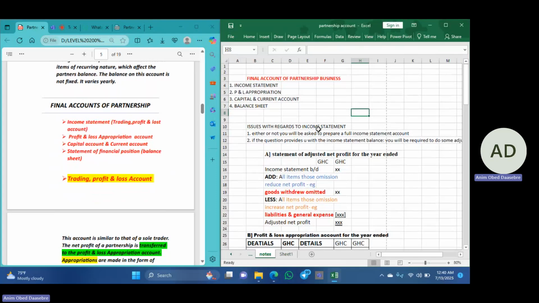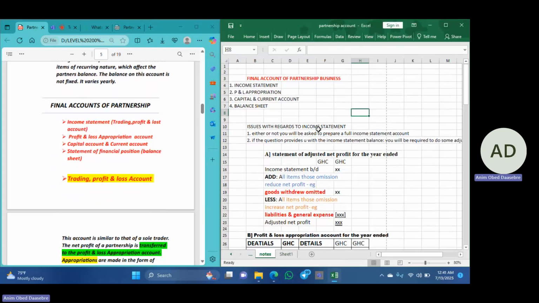Since we already know how to prepare an income statement, we will assume that they have prepared the final account for us and have given us the reported net profit or loss as a result of preparing the income statement. Now, if they have given us the reported profit, what are some of the things that we need to do with it? Basically, partnership accounts are not like those of a sole proprietor.